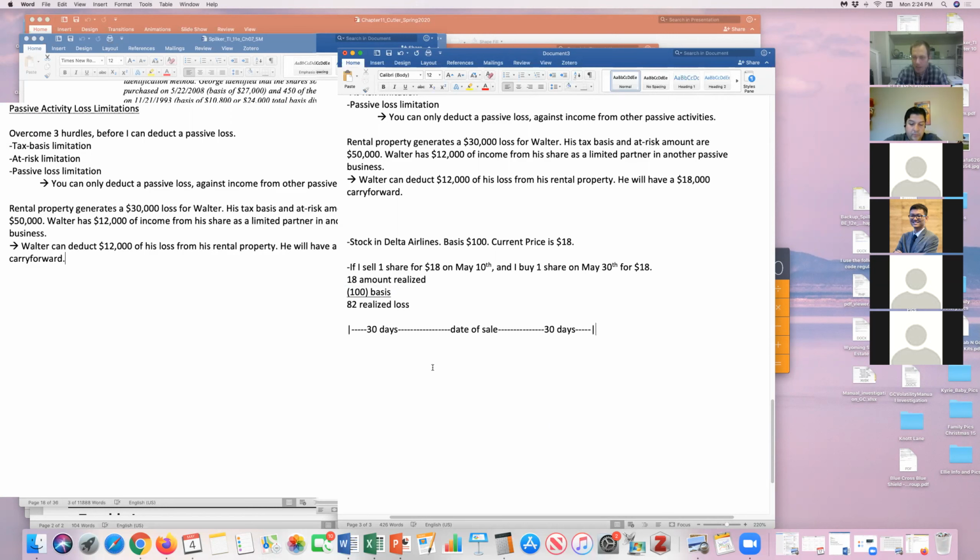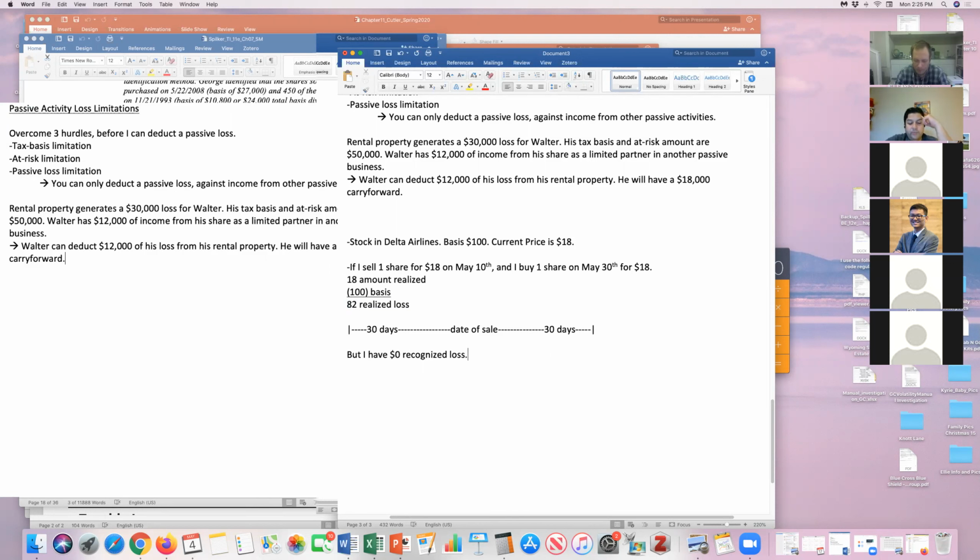If I bought my other share 30 days before the date of sale, on the date of sale, or 30 days after, it's a wash sale. Since I'm still within this period in this example, I have an $82 realized loss, but a $0 recognized loss, because it's substance over form. It's not like you really sold the share. You still have the exact same share.